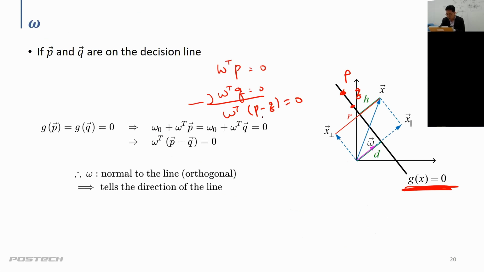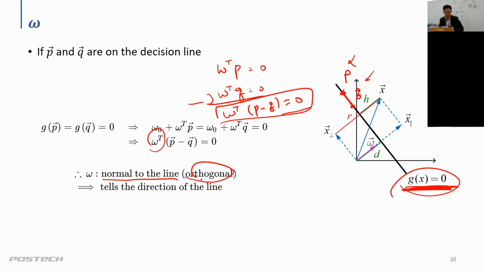This means P and Q are any vectors on this line. If the inner product is equal to zero, that means it's orthogonal, perpendicular. So the geometrical meaning of omega is that it's normal to the line. It's orthogonal, so omega tells us the direction normal to the line. Okay, that's the meaning of omegas.